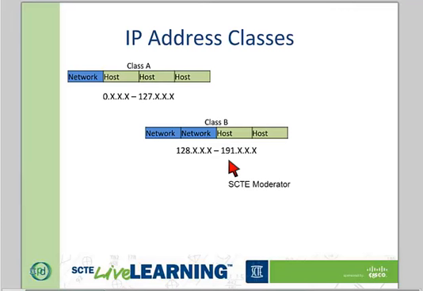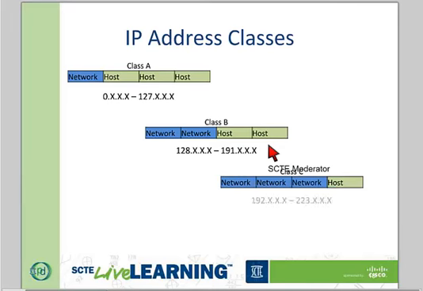If we do, we will not stay in the range of 128 to 191. So 2 to the 14th is the number of possible networks here, or 16,384 possible B networks. Over here is the host portion. We have 8 bits here and 8 bits here, which is 2 to the 16th, or 65,536 hosts per Class B, minus 2, of course.